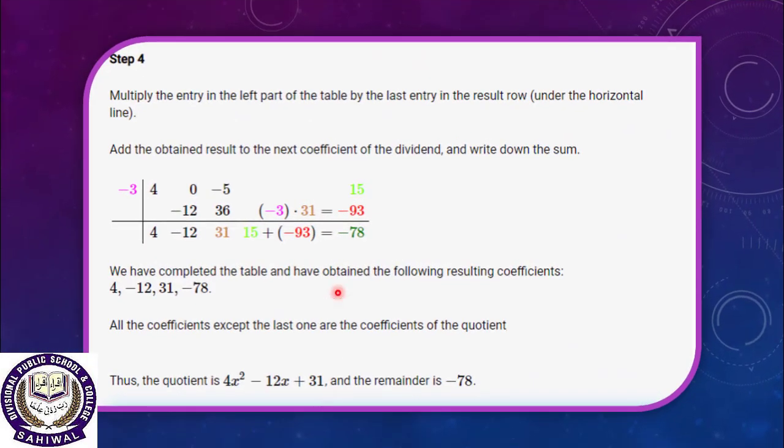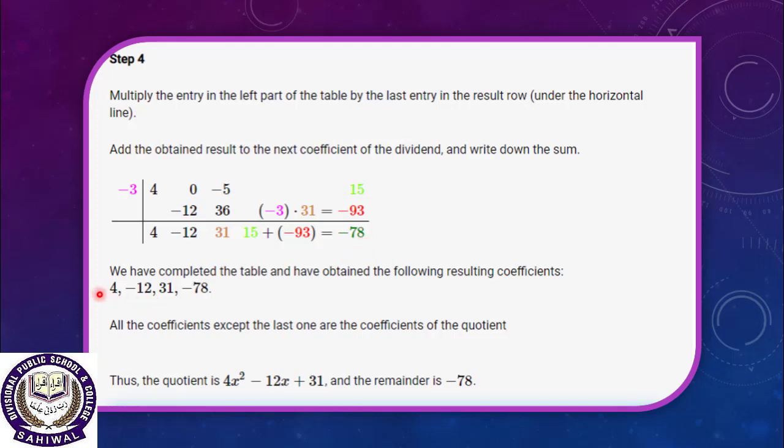Similarly, we multiply 31 with -3 and get -93, which when added in 15 we get -78. Since this is the last term, we completed the table and obtained the following results.